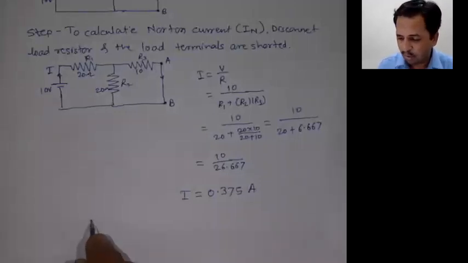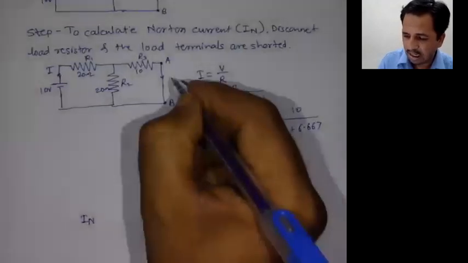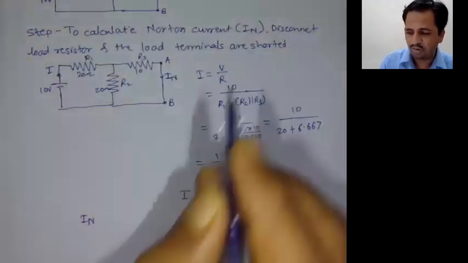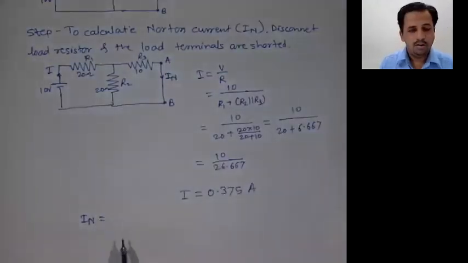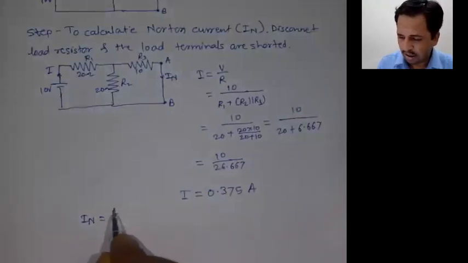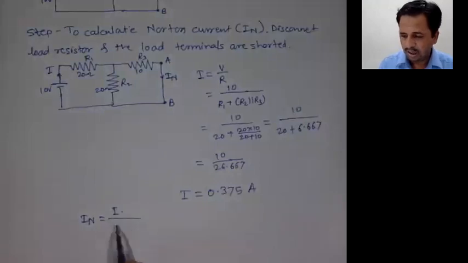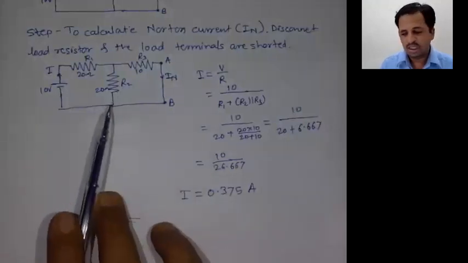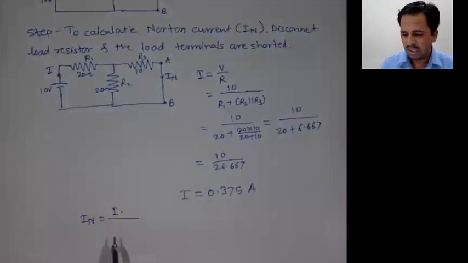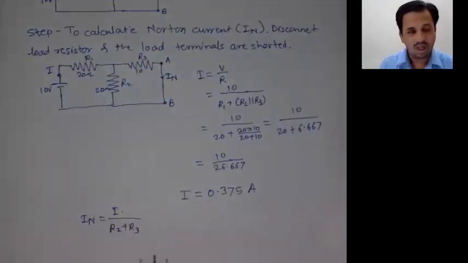Now what is that parallel branch theorem? We have to find out the current which is called IN. Here I have to write IN. That is, the value of I we must know. Then it is divided by the current that must be flowing through this R2 as well as R3. Therefore it is represented as R2 plus R3.